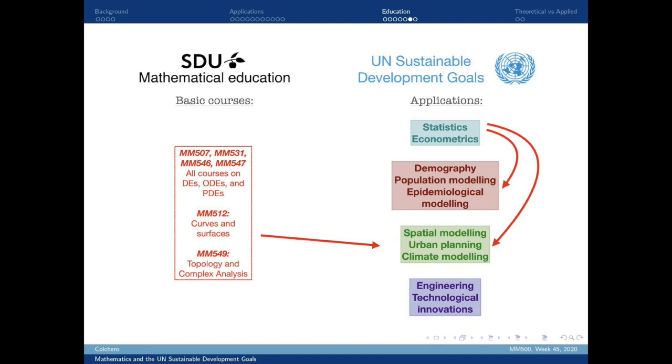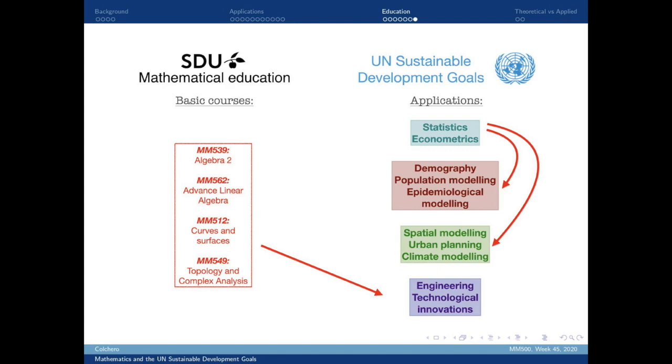To model spatiotemporal processes, such as those related to climate change, urban planning, or occurrence of species, a good knowledge of statistics coupled with courses on differential equations, curves and surfaces, or topology and complex analysis will give you an extraordinary competitive edge. And for those inclined towards technological innovations and engineering, algebra, advanced linear algebra, curves and surfaces, and topology and complex analysis will be fundamental.